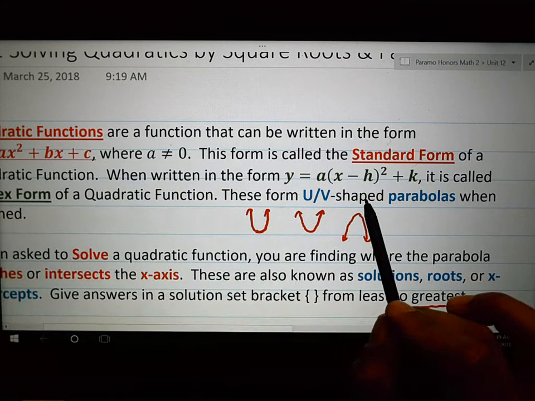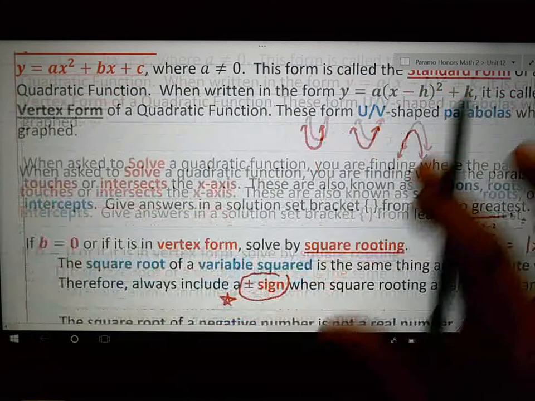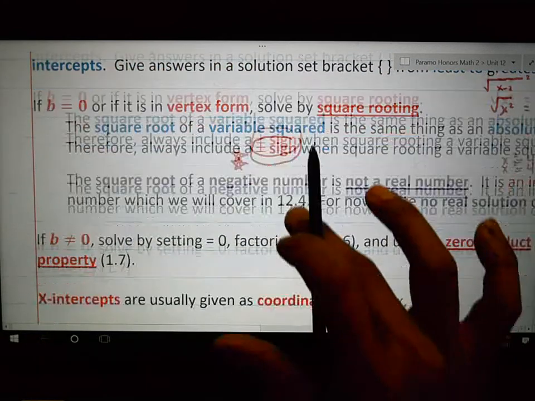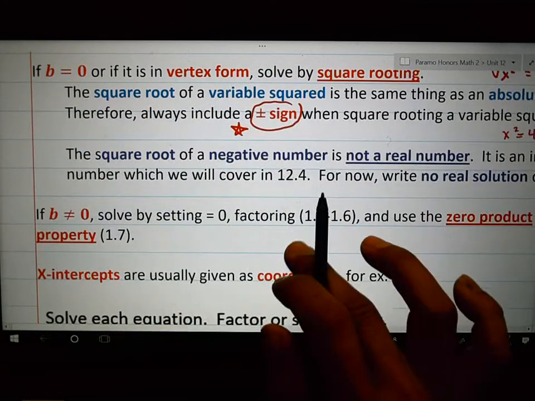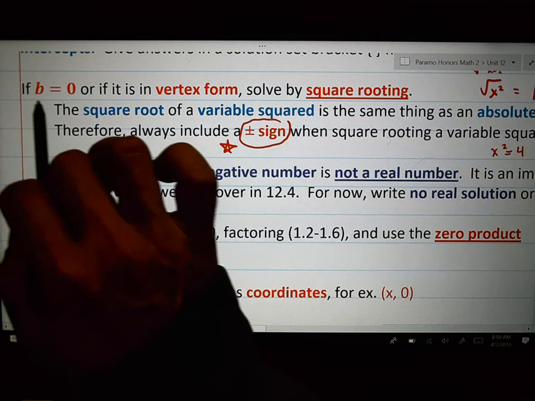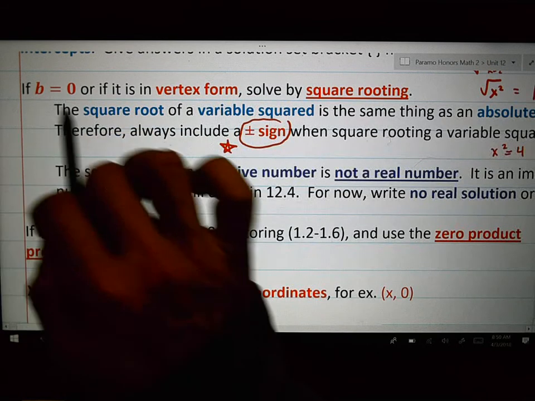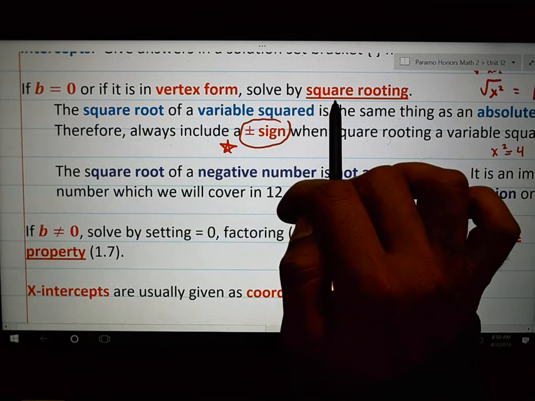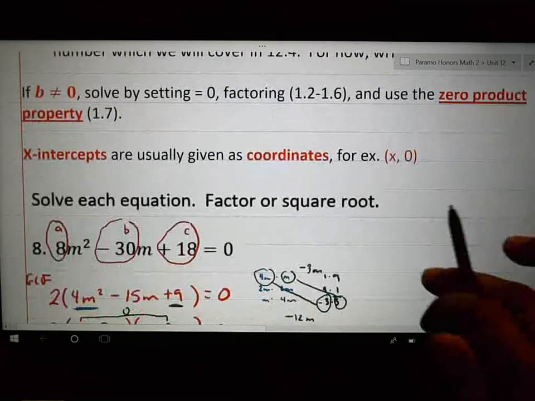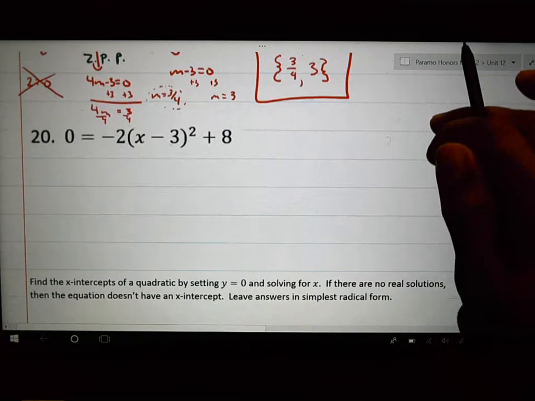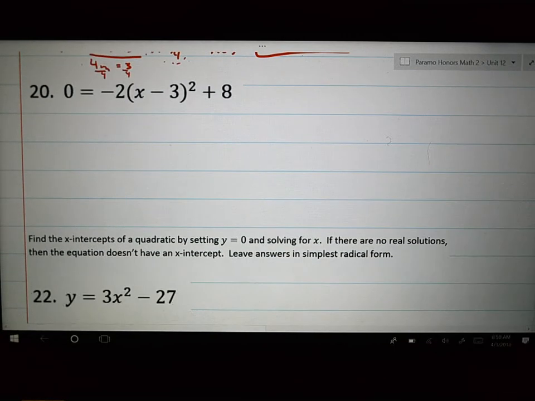No. If there is no b value, or if b is equal to 0, then we can solve by square rooting. I want you to see how you can solve this by square rooting. I think it's a little bit easier than what we normally do.